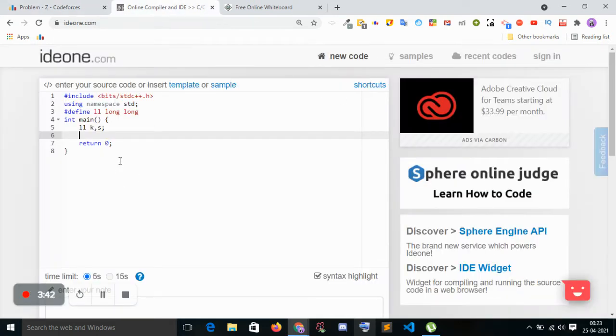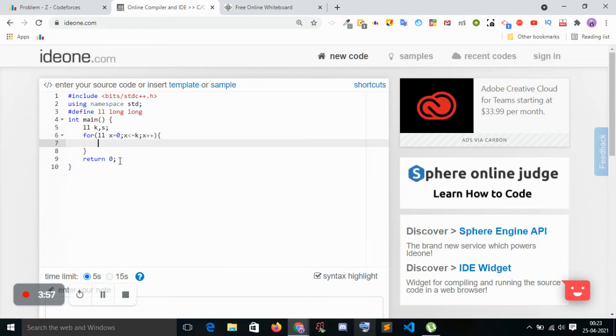So let's make a for loop: for ll x equal to 0, x less than or equal to k, x plus plus. For ll y equal to 0, y less than or equal to k, y plus plus.